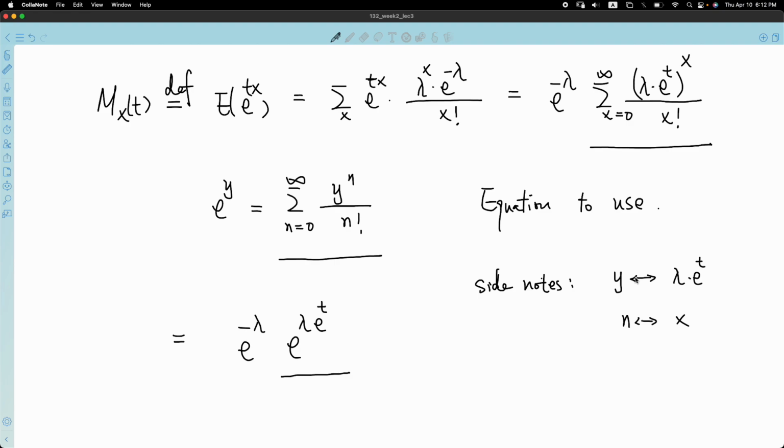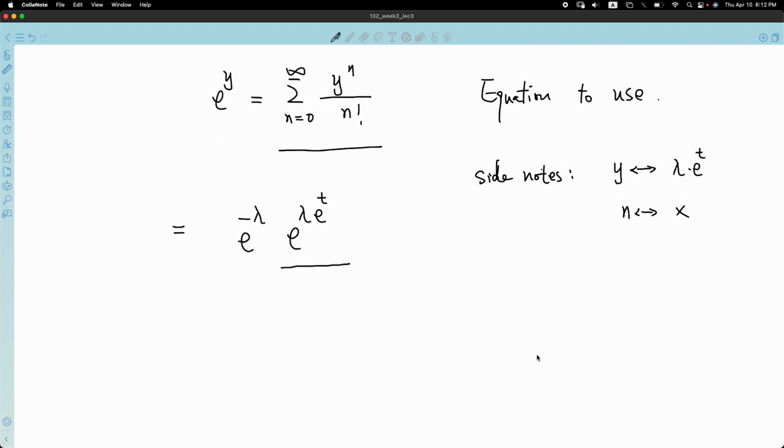Okay, next let's continue on simplifying the result here. I'm going to simplify this expression in the following way: e raised to the power of lambda times (e^t minus 1). Do you agree with that?